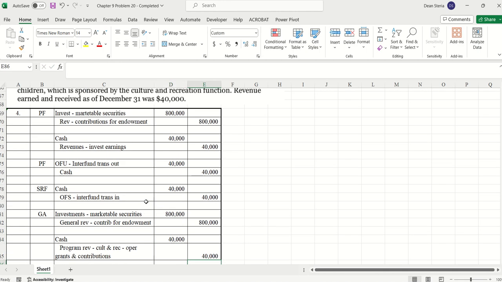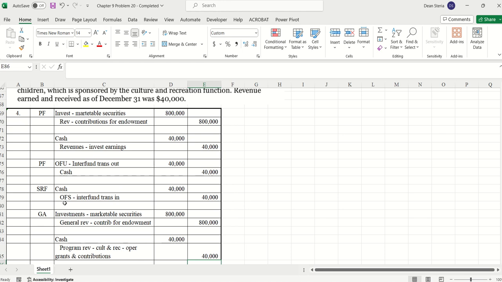Okay. So remember, where's it going? The permanent fund. This is always going to be in the permanent fund. You cannot touch the original contribution as it was stated. The revenue that the permanent fund made was $40,000 in interest. And then also in the permanent fund, we have other financing uses, interfund transfers out, and we credit our cash, and then it goes into our special revenue fund.